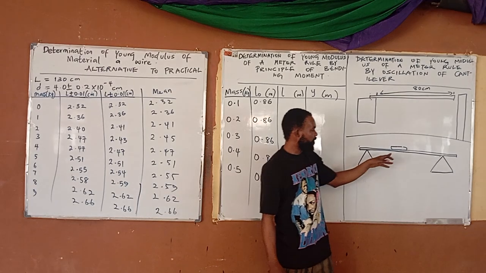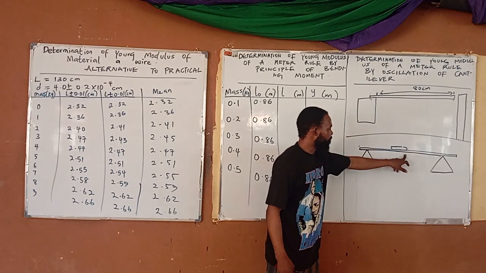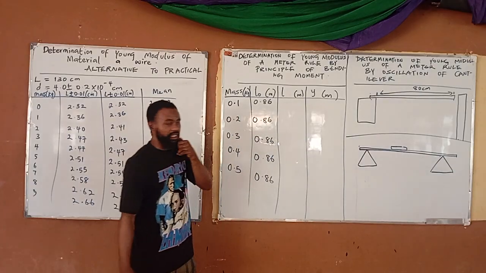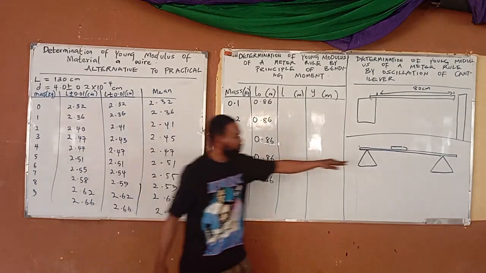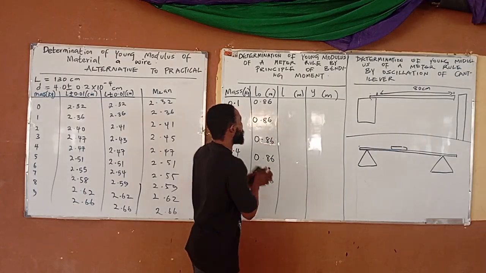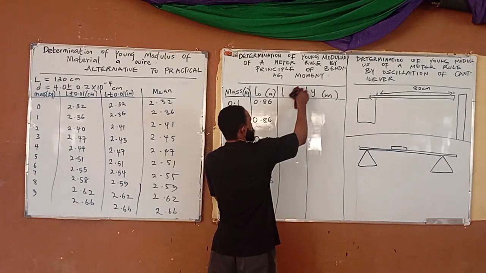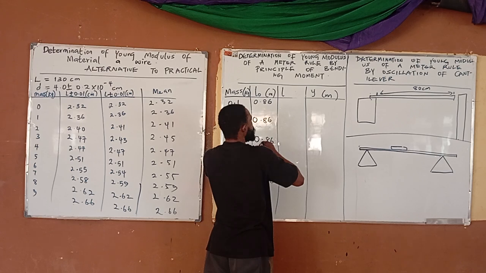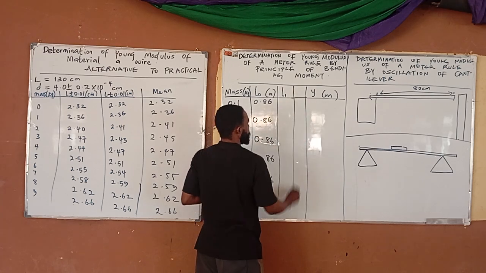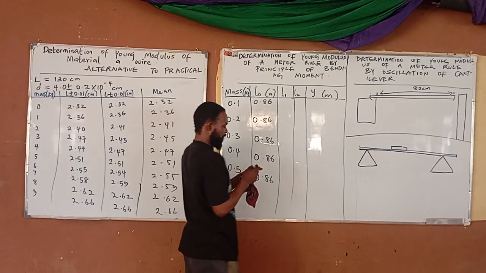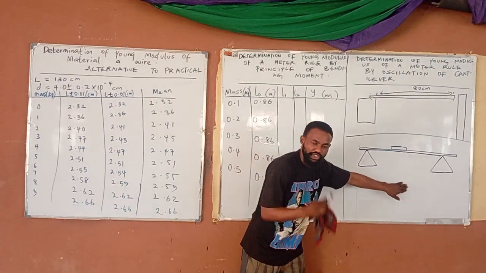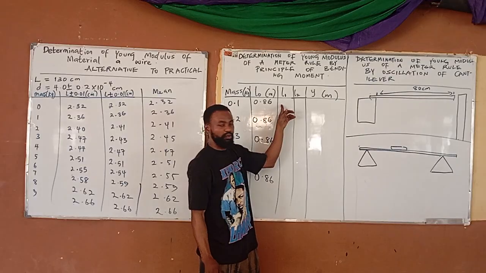So if I place 0.1 kg here, whatever measurement it gives me, as it goes down this way, I will come and note it. In fact, I'm supposed to have L1 and L2 here. As I put this in and it depresses, I will check the measurements and record it as L1.